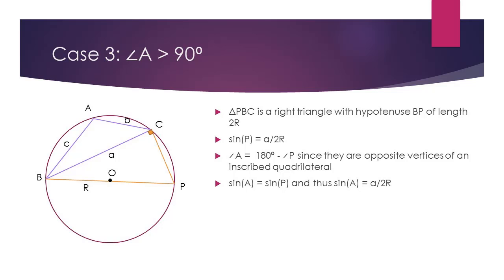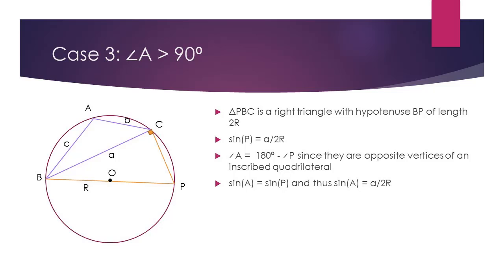Now, the third case is when angle A is greater than 90 degrees. So, if you look at the picture, we have where angle A is greater than 90 degrees. And we've also drawn point P and made quadrilateral ABPC.